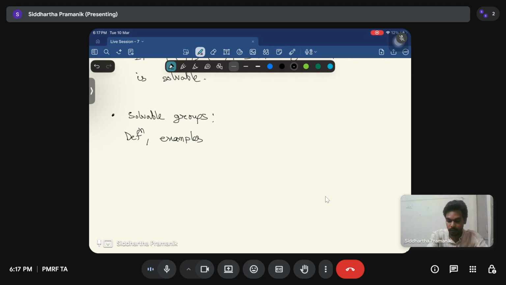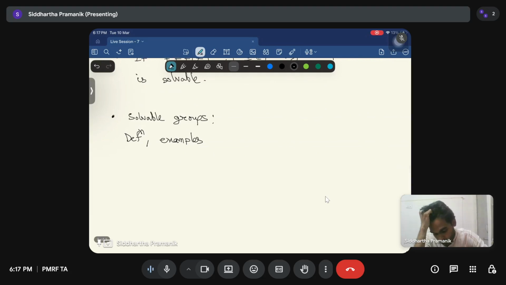Like Sn is not solvable for n greater than or equal to 5 because An is simple for n greater than or equal to 5, and Dn, the dihedral group, is solvable, and I think abelian groups are solvable. That's a trivial thing.